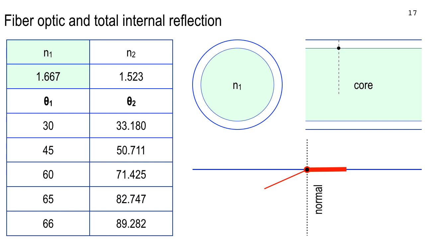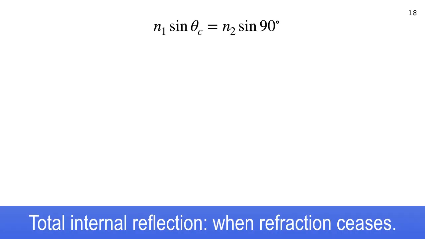Now, total internal reflection is the angle at which refraction ceases. This is the condition for it. N1 sine of some critical angle, theta subscript c, is equal to N2 times the sine of 90. 90 is my refractive angle.